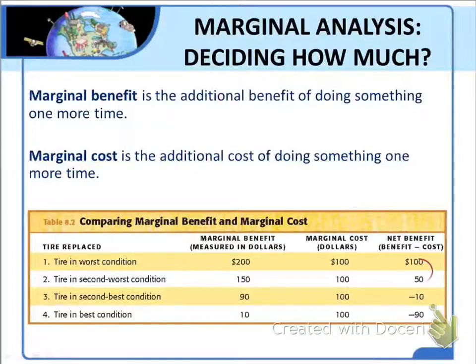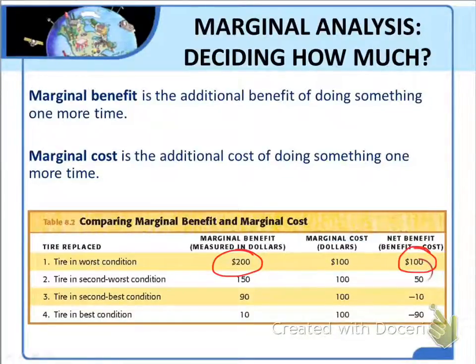If Lynn replaces the worst tire with a new one, the improved quality and appearance of the car will allow her to sell it for $200 more. Thus, the marginal benefit of the first new tire is $200. The net benefit is the marginal benefit minus the marginal cost, which is $200 minus $100, and so that equals $100.